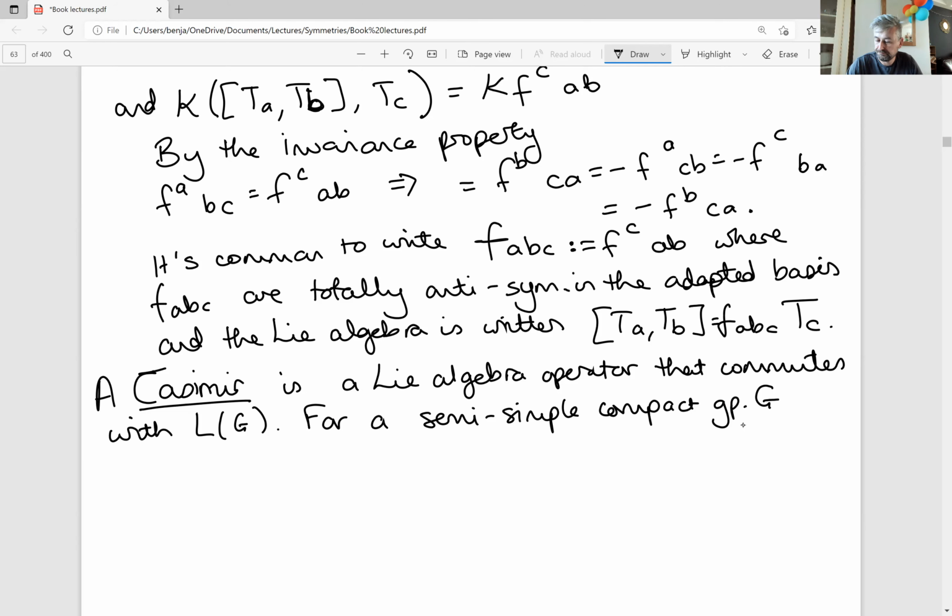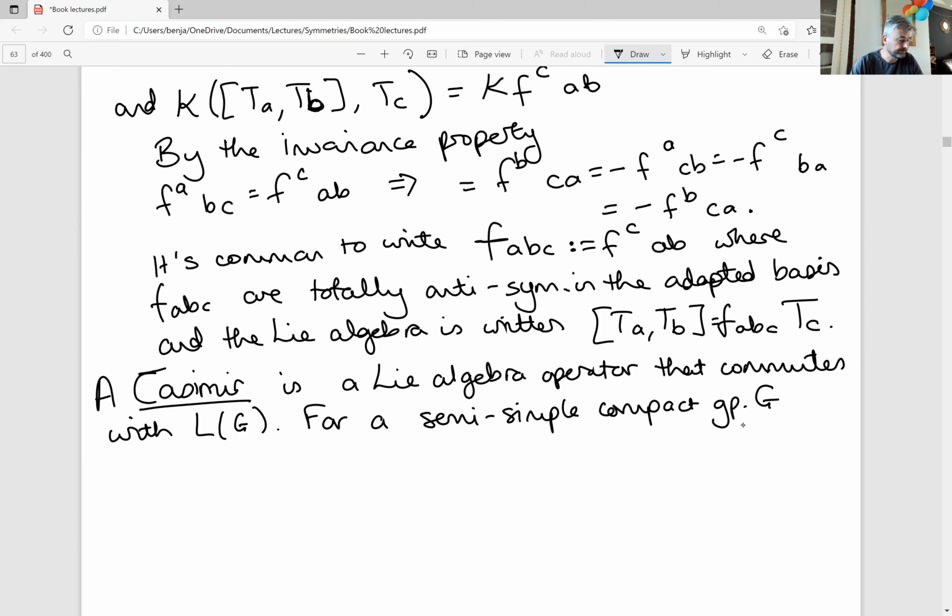So, for example, SON and SUN, these things that look like generalization of spheres or whatever, they're compact, but the pseudo-orthogonal and pseudo-unitary groups are not. So in particular, for example, the Lorentz group SO(1,3) is not compact.